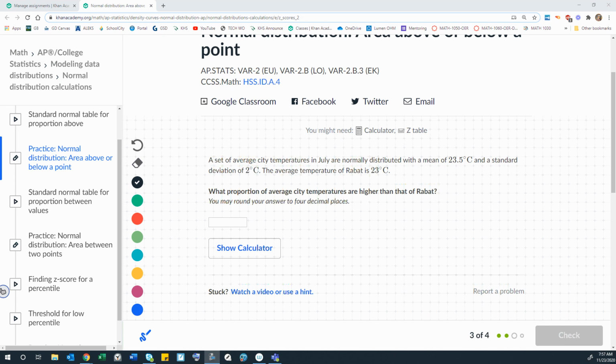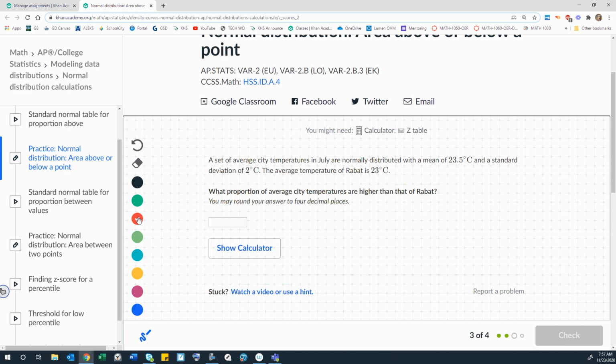A set of average city temperatures in July are normally distributed with a mean of 23.5 and a standard deviation of 2. The average temperature of some place is 23 degrees. So I'm going to go 23, subtract 23.5, and then we divide that by 2.